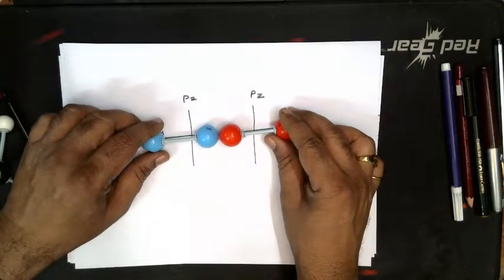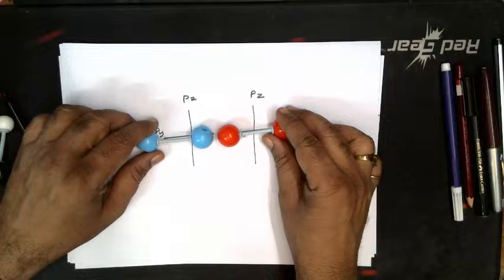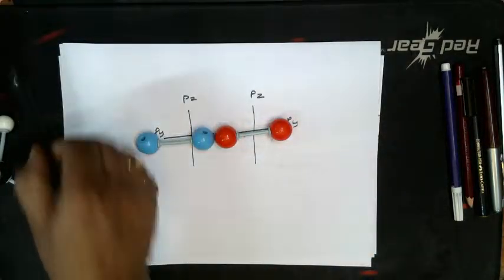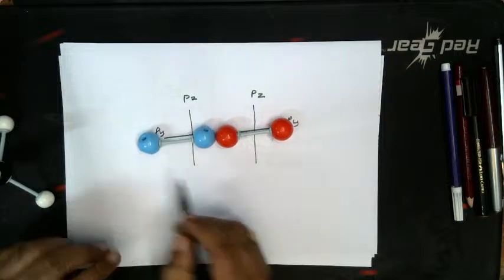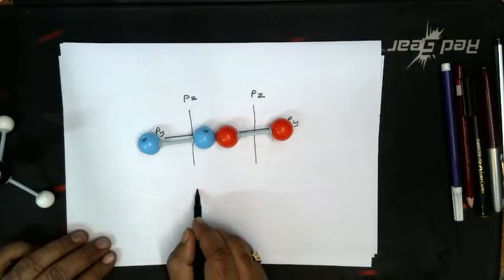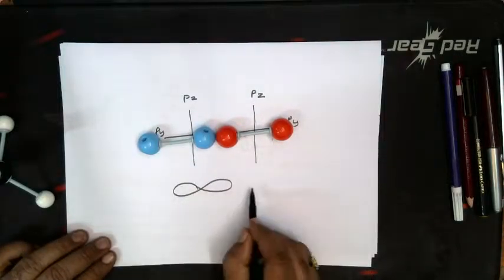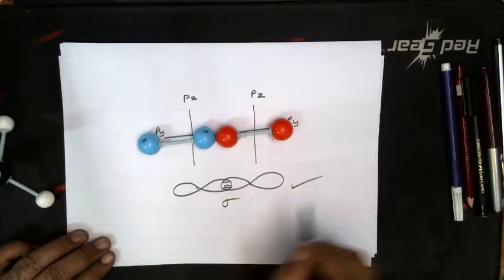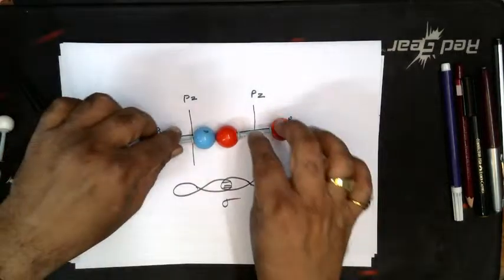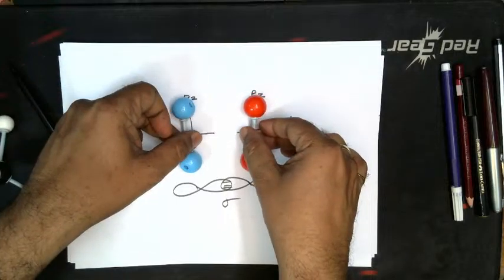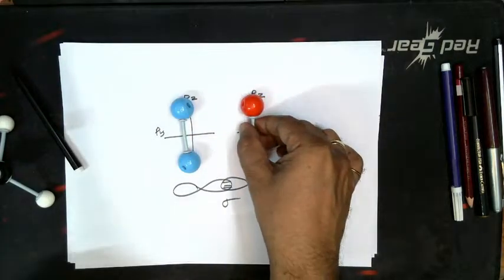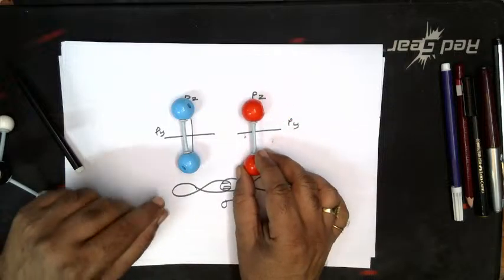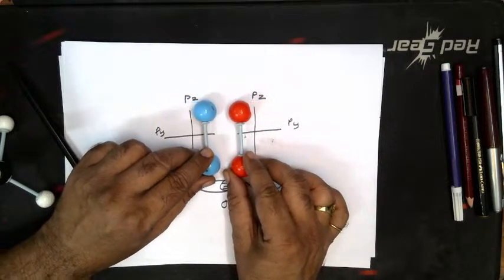Let me imagine these two are py. So this develops a sigma bond because of linear overlapping. Assume that this is the dumbbell shape. So this leads to a sigma bond. Is it clear? Now let us consider this vertical orbital, here in this case pz. So pz combines like this.